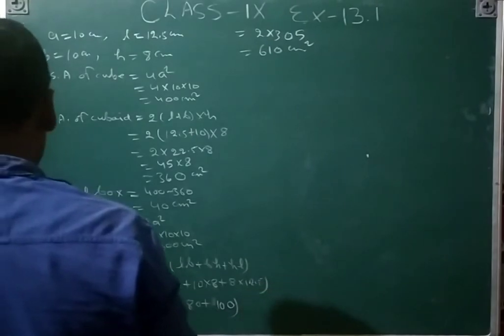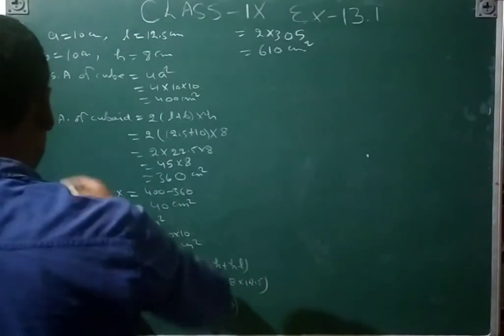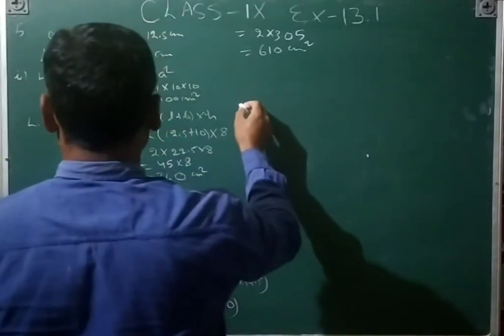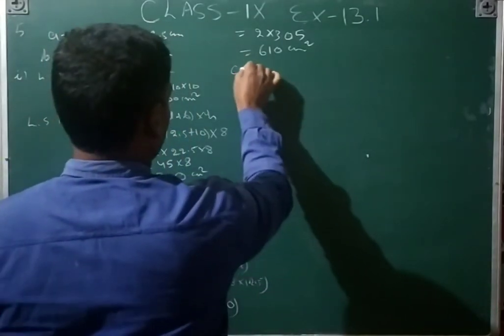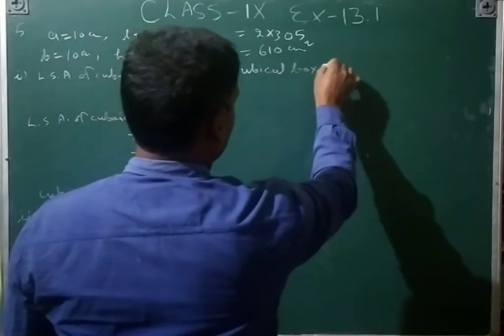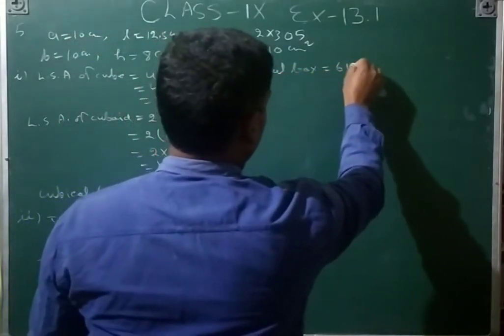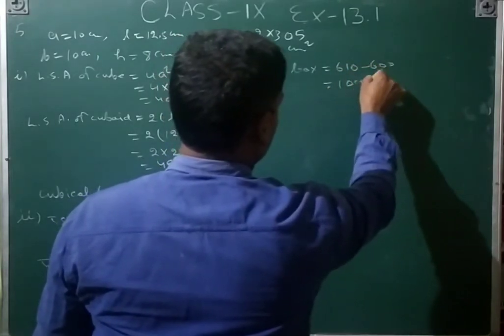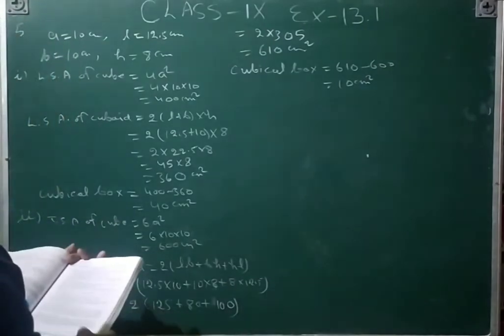And then which box is smaller? The smaller box is the cube; cubical box is smaller. Cubical box is smaller by how many? 610 minus 600 is equal to 10 centimeter square. These two are the answer.